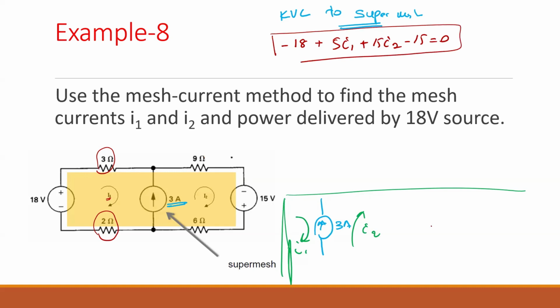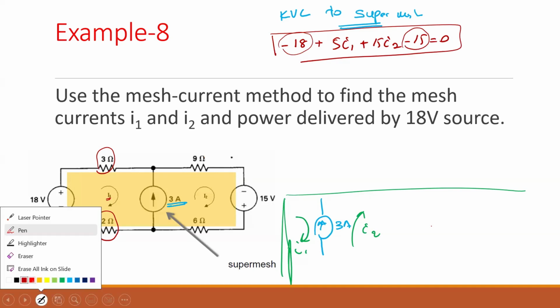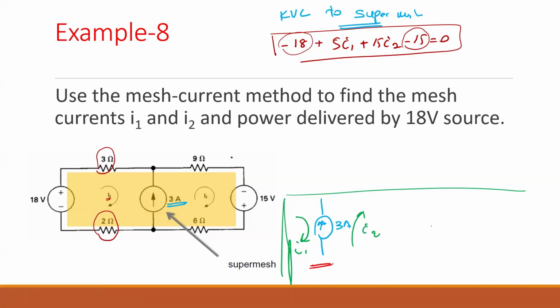So you can simplify. You can say minus 15 minus 18, you can add them, and it can be simplified further. How did you write the second equation here? Well, I just did 3 equals I2 minus I1. Okay, in case you have a downward current, then you need to say I1 minus I2.